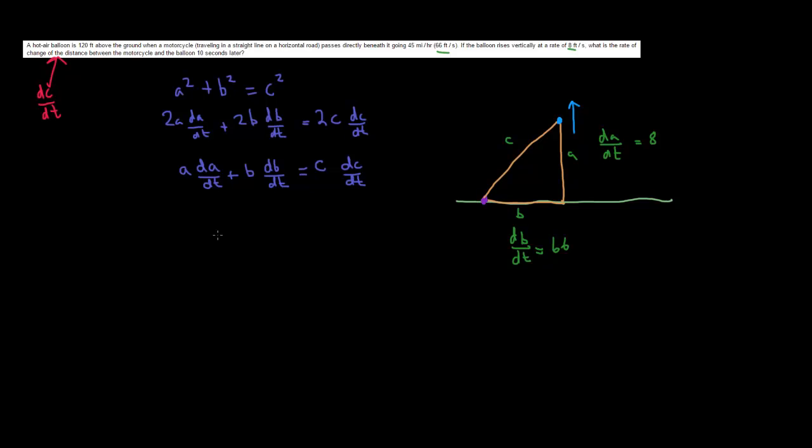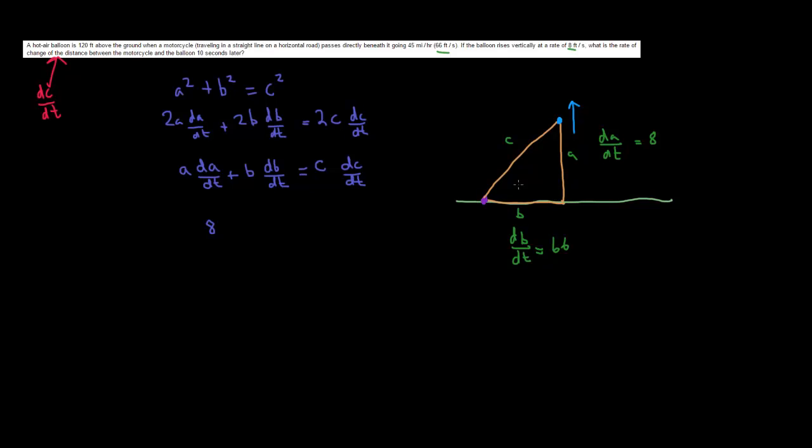Okay, well, what do we know here? We know that dA/dt, the change here, is given by 8. Now, what's A in this case? It's saying 10 seconds later. So 10 seconds after the motorcycle passes under here, but we're told that when the motorcycle passes under the balloon, the balloon is 120 feet above the ground.